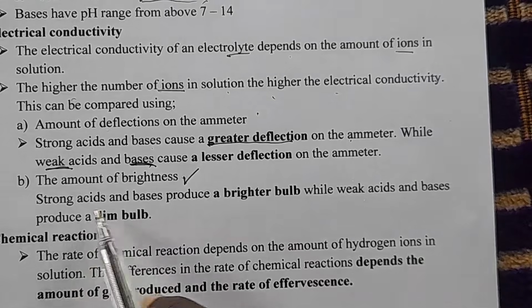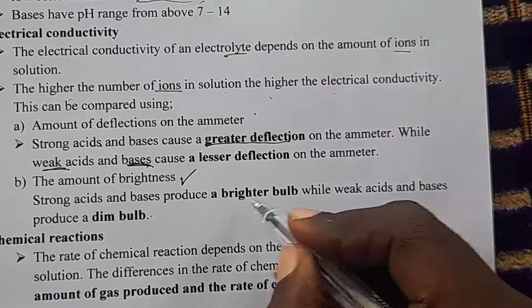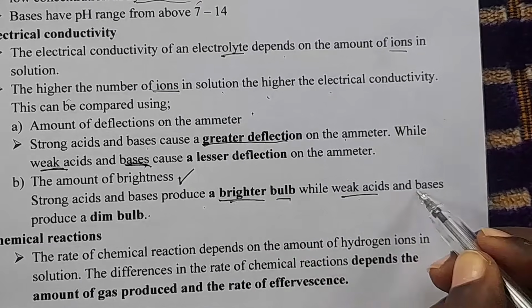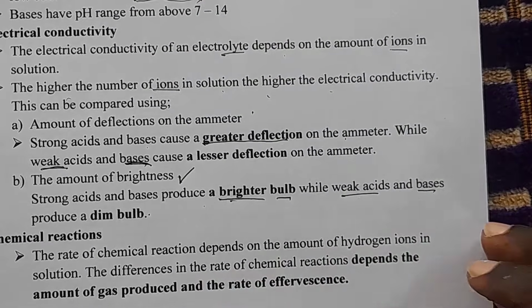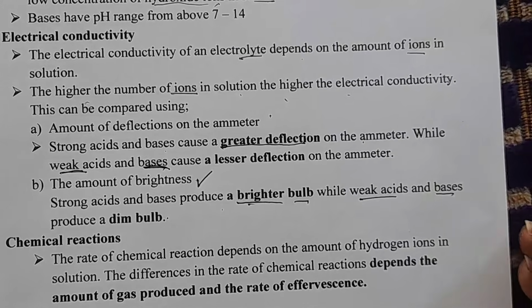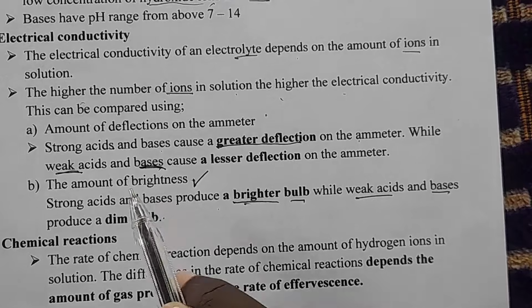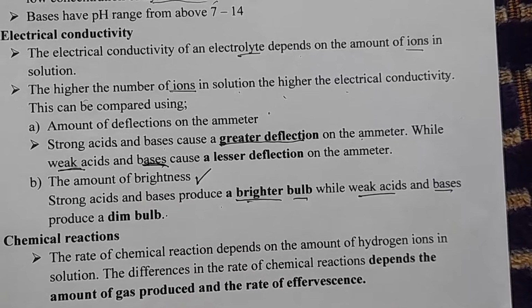Strong acids and bases produce a brighter bulb, while weak acids and bases produce a dim bulb. That's when you consider electrical conductivity of ions based on the amount of brightness that they produce.